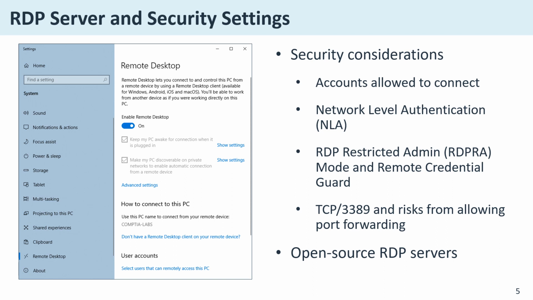There's FreeRDP, which is a free implementation of the RDP protocol, which is released under the Apache license. There is one called rdesktop, which is another open source client for Windows Terminal Server. There is Guacamole, which is an open source clientless remote desktop gateway.